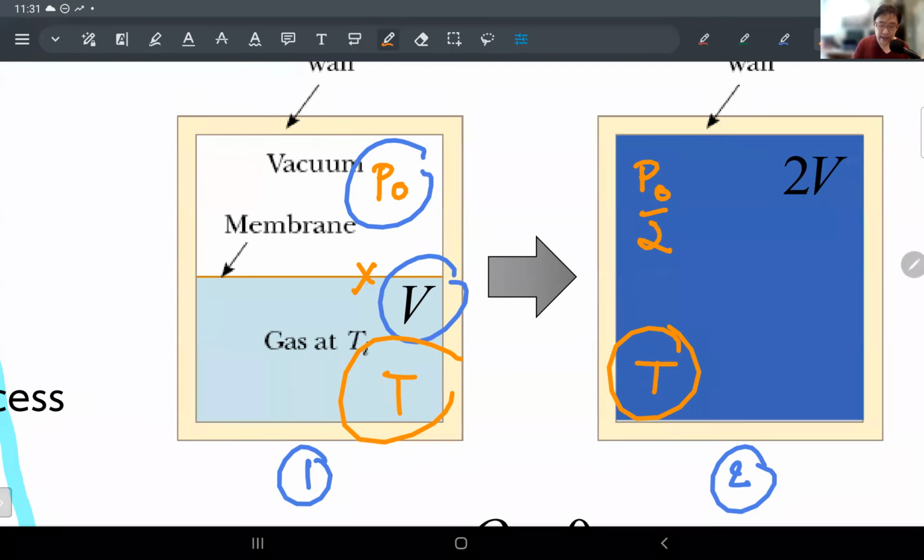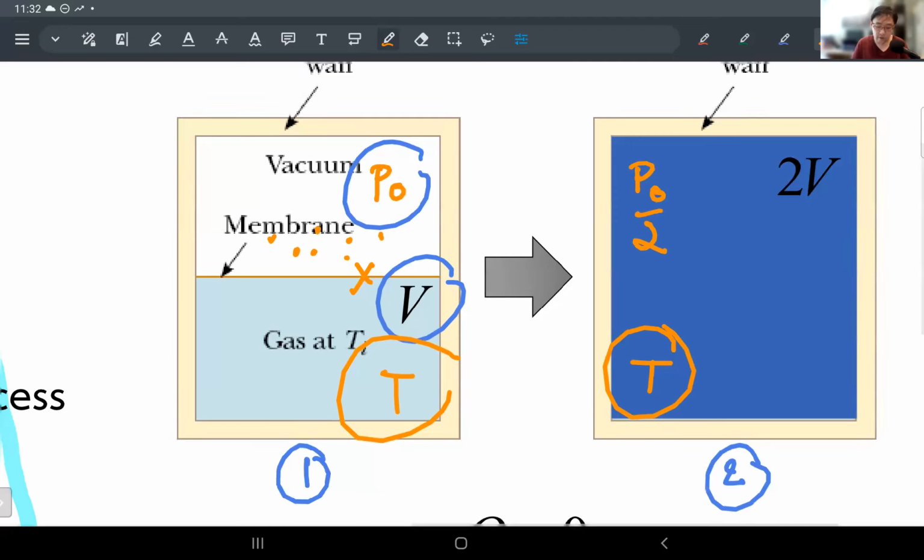Because at the moment of the breaking of the membrane, some gas will start to flow in. But of course, some portion of this one still has no molecules of this gas whatsoever. So it's an uneven distribution of the molecules. You won't be able to measure the pressure for the whole thing. You don't even know where to put your sensor.